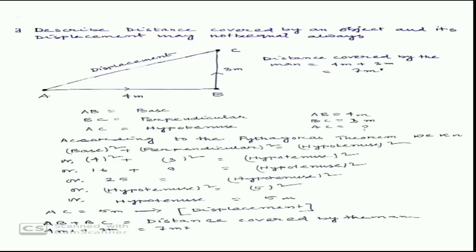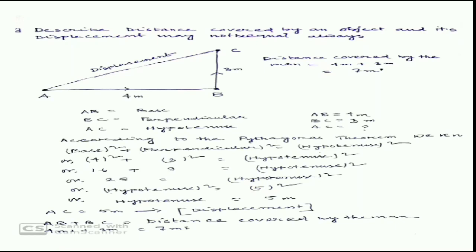Now we have to know distance covered by an object and its displacement may not be equal always. So, to prove this, we have to take the help of a diagram. In this diagram, there are 3 points. These are A, B and C. Okay.